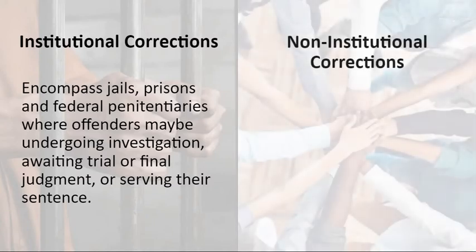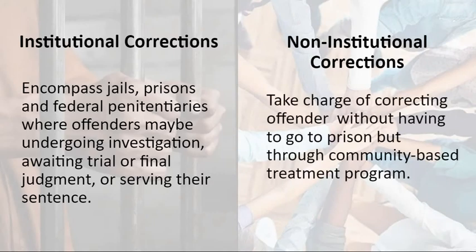So what is non-institutional corrections? It takes charge of correcting offenders without their having to go to prison, but through a community-based treatment program. There are still criminals, or those who have been sentenced, who do not need to serve inside the jails. So we have a type of correction wherein they serve their punishment outside the institutional correction, and that is what we call non-institutional correction.